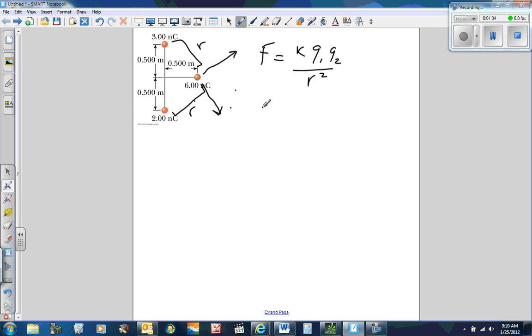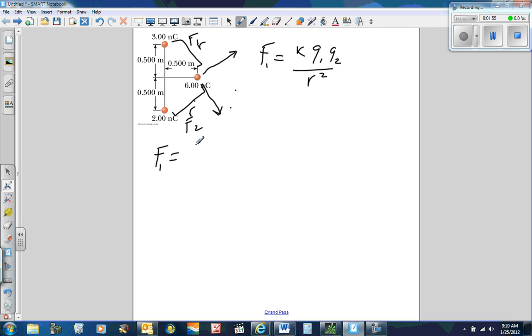I'm going to say that we're going to call this F1. We're going to call this F2. So F1 is going to be 9E9. Actually, you know what? Let me do it down here.